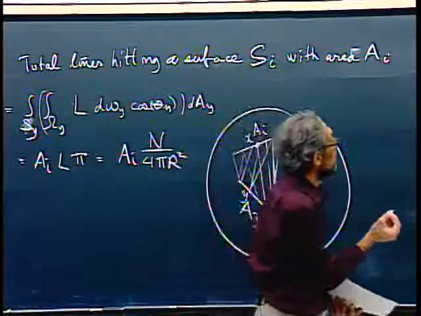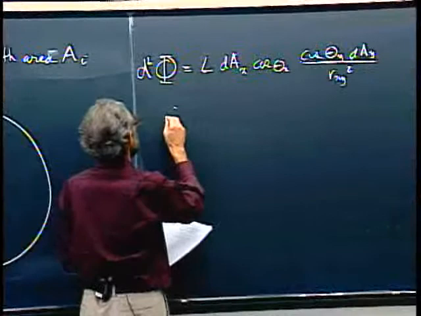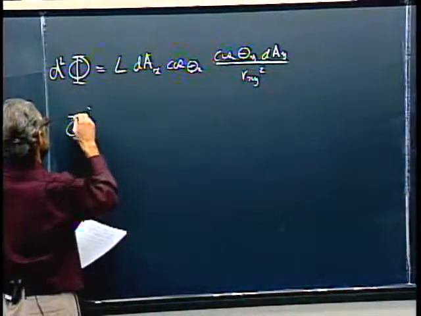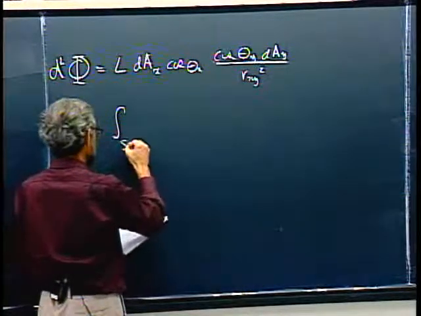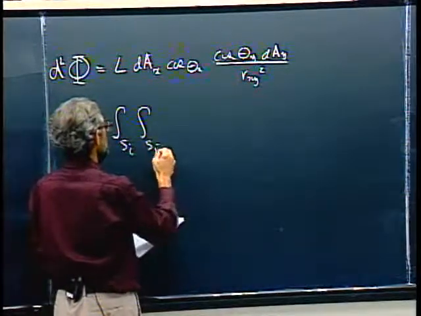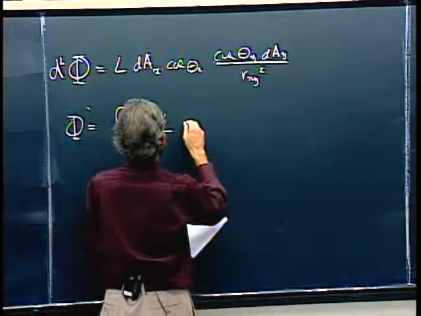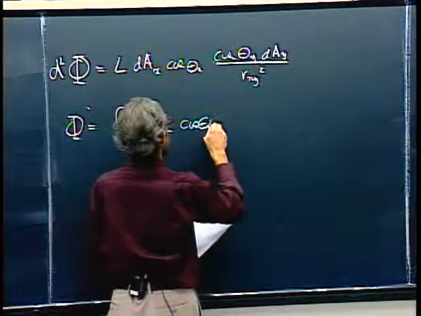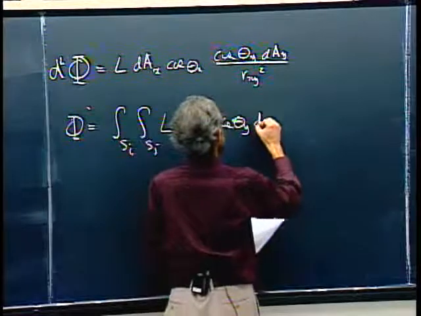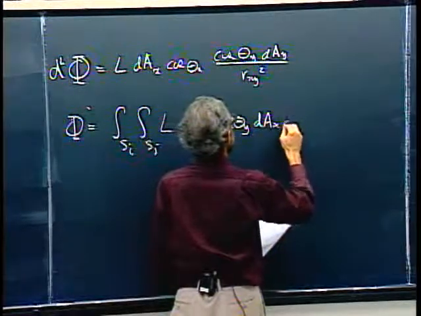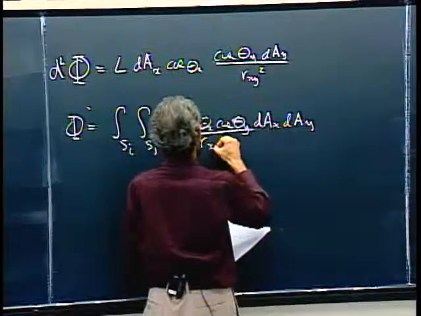And so if we're going to integrate this over the areas, we're going to get the actual flux is the integral, say, over SI times the integral over Sj of this line flux. Let's put the cosine theta x, cosine theta y, dAx, dAy over rxy squared.